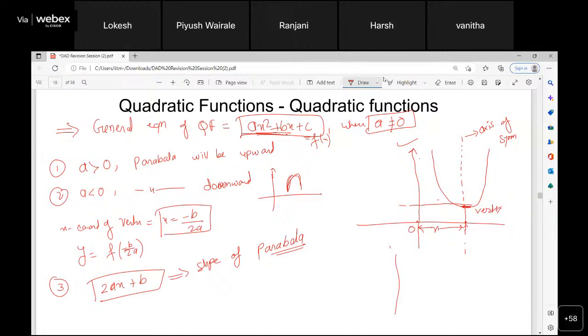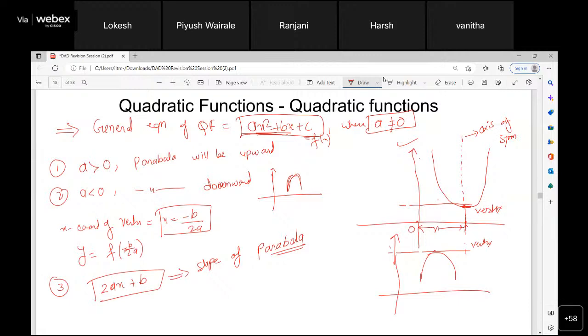If my parabola is downward, then the minimum value is minus infinity and the maximum value is f of minus b by 2a. So the maximum value is at the vertex, and the minimum value will be minus infinity. Please remember this, an important basic thing.